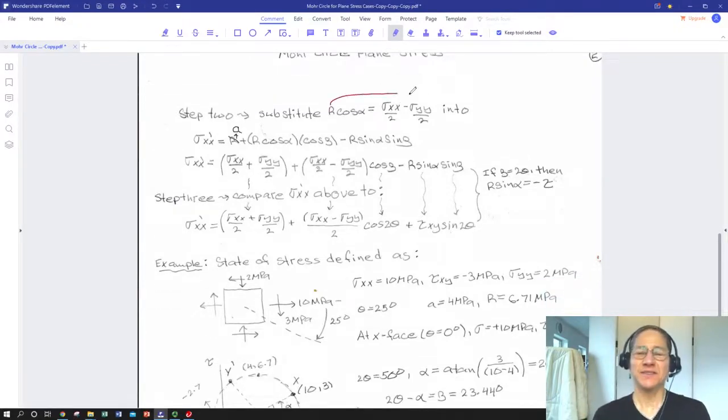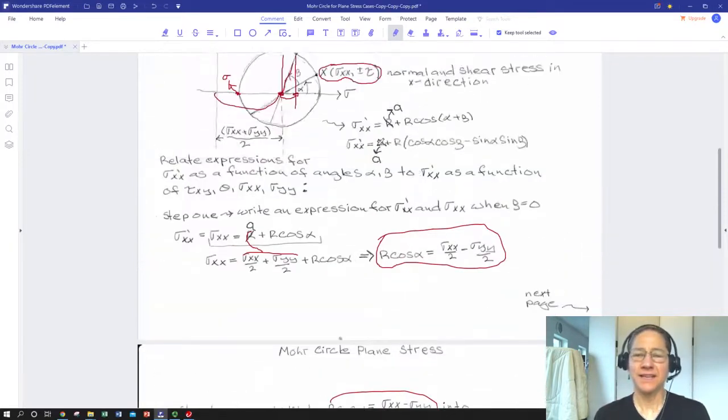We substitute this expression into our trig identity optimized sigma xx prime expression. So basically, r cosine alpha is going to go right up there. So we have an r cosine alpha cosine beta.